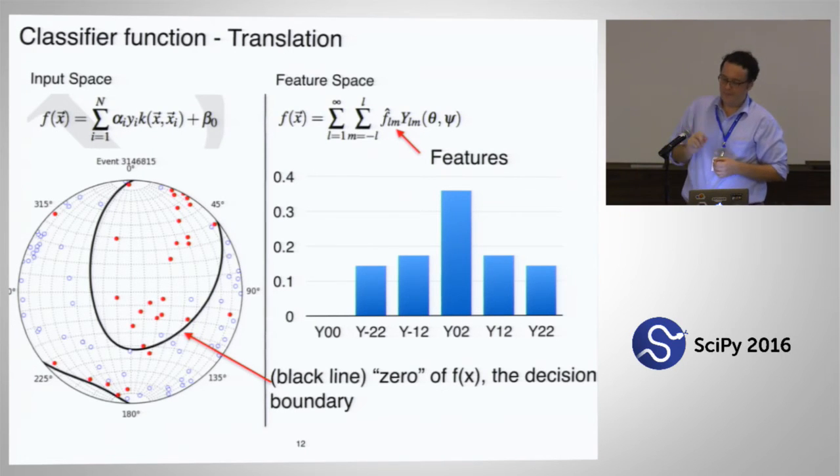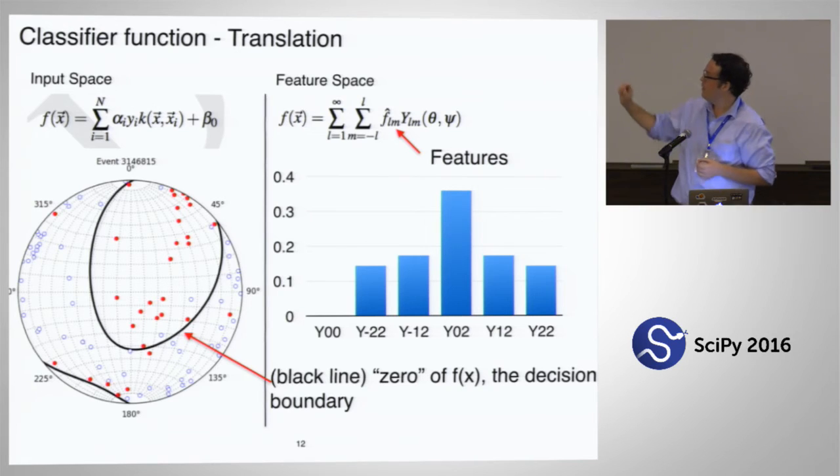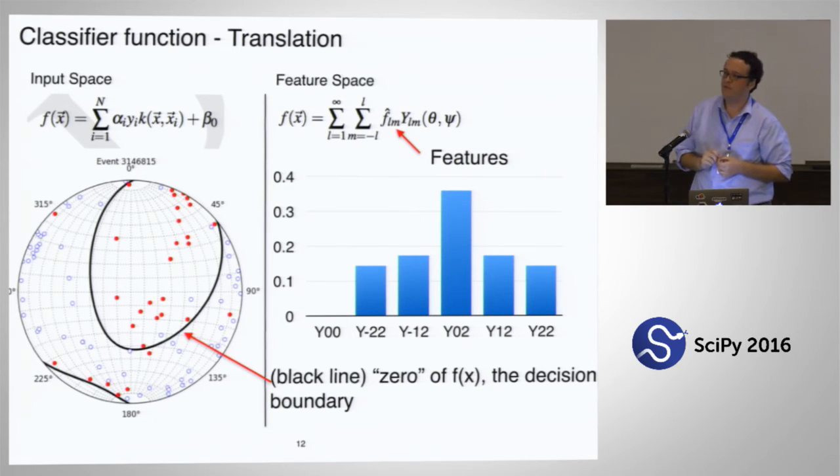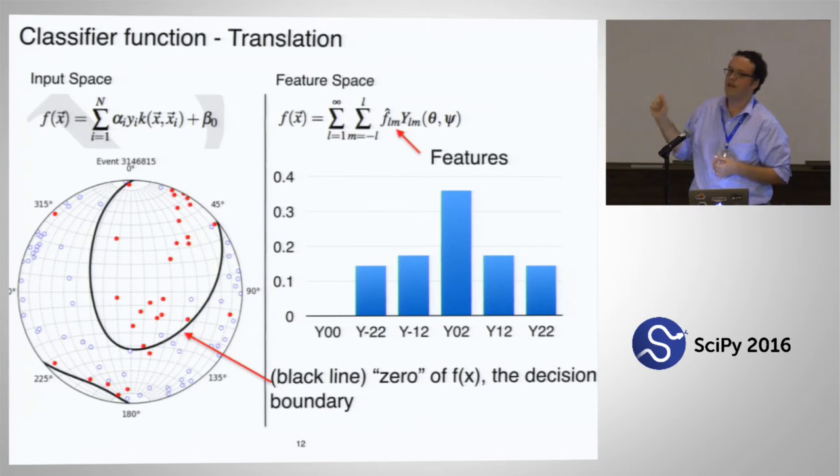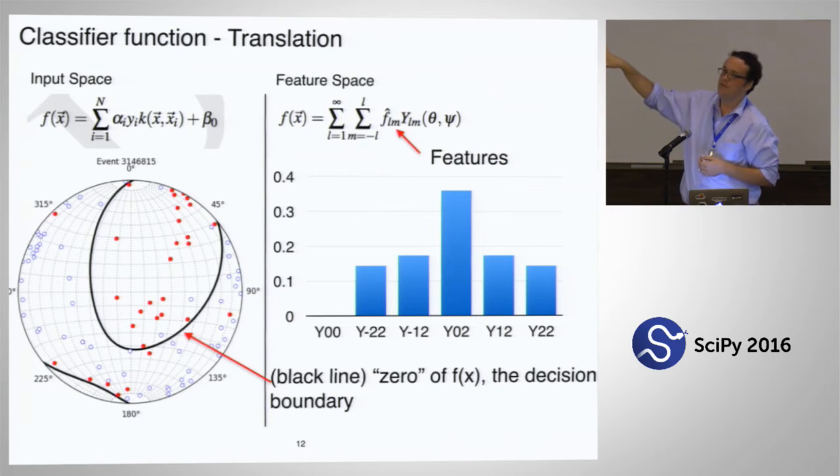And by taking the dual coefficients out of our support vector classifier, we can express our classifying function, right? The thing for which the zero of that function is our decision boundary. And we can express that in terms of a basis of these spherical harmonic functions. So on the left-hand side, I have a view of the result in what I'd call the input space of the data.